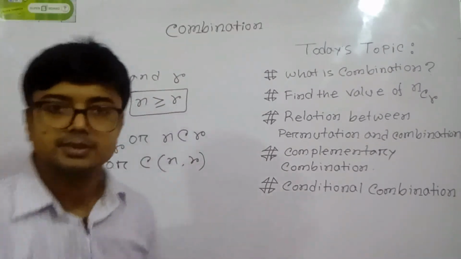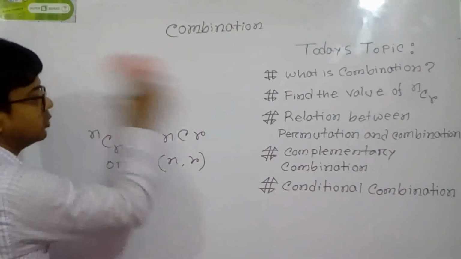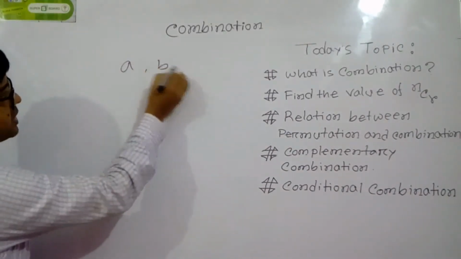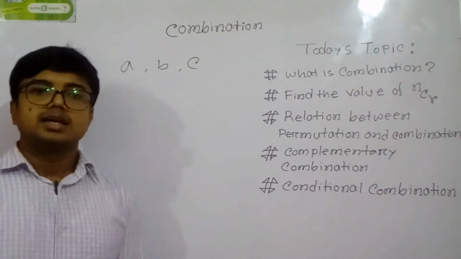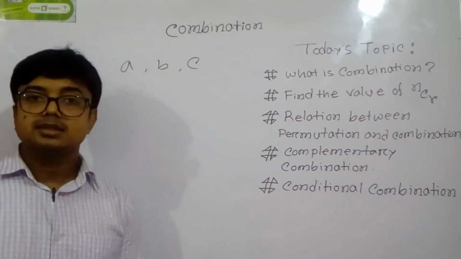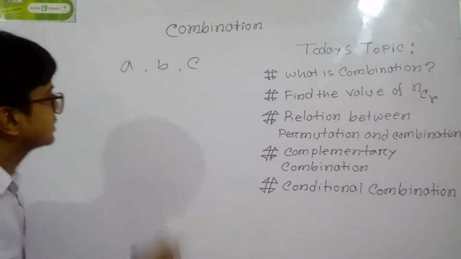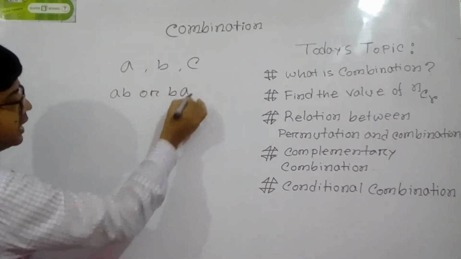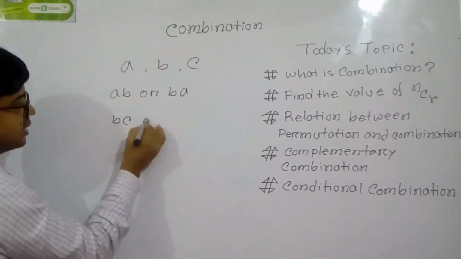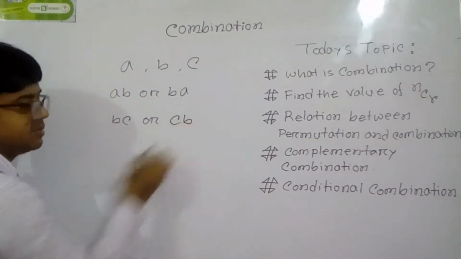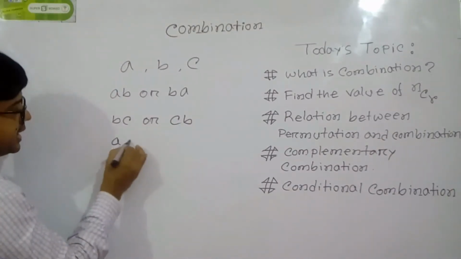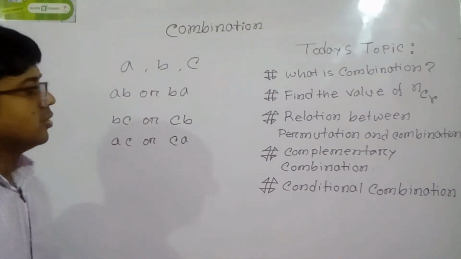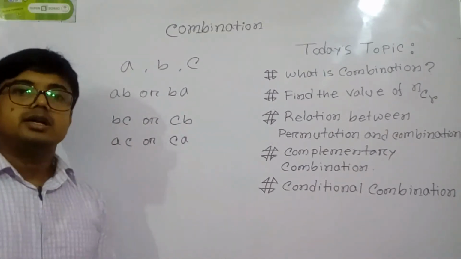Now for example, suppose there are three characters A, B, C. The combinations of three characters taken two at a time are AB or BA, BC or CB, AC or CA. For combination, order is not necessary.